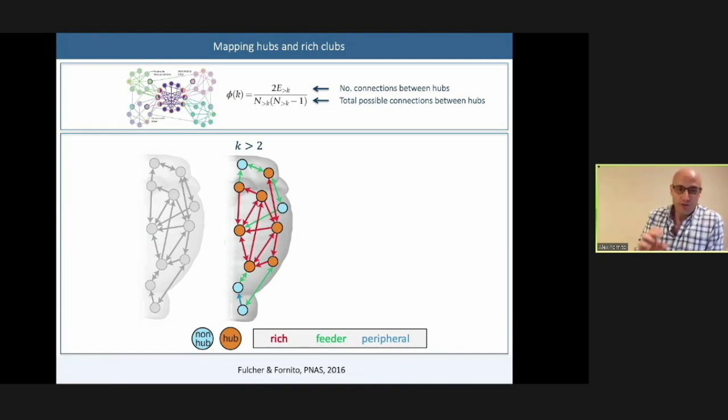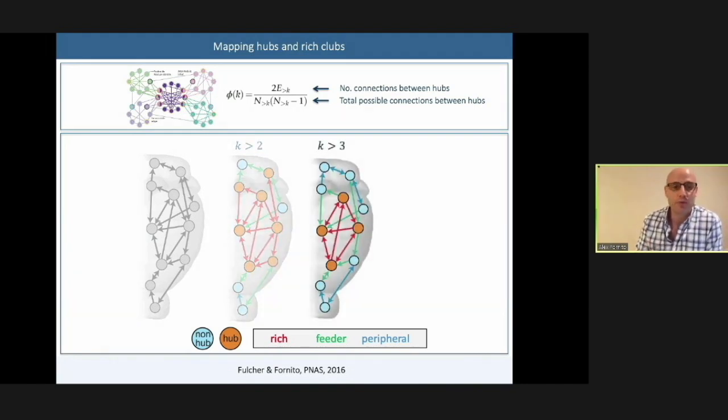I'm going to refer to this distinction quite a lot throughout the talk, so it's important to keep in mind. At this stage, I just want to point out that the way in which we make this distinction very much depends on our hub threshold. So let's say I take a more stringent threshold. We say, okay, all nodes with more than 3 connections are hubs. Then we end up with just 4 hubs in the network, fewer rich links, and proportionally more feeder and peripheral links.